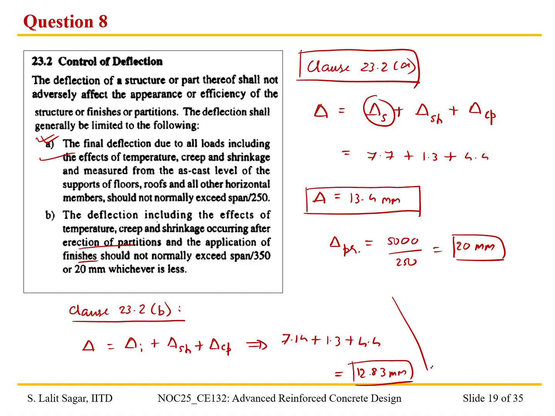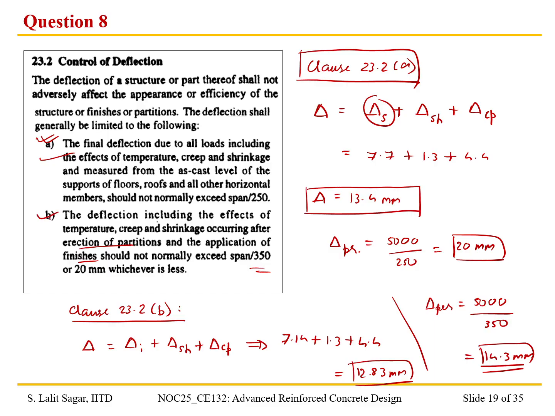So as per this subclause, what is the permissible deflection? Delta permissible is equal to L by 350, that is 5000 divided by 350. So that gives me a value of 14.3 millimeter. So the beam satisfies this clause 23.2b as well because it is less than the permissible deflection of 14.3 millimeter.